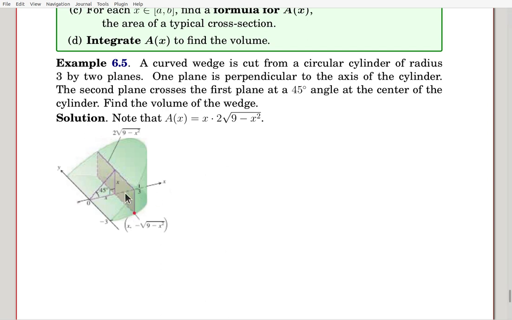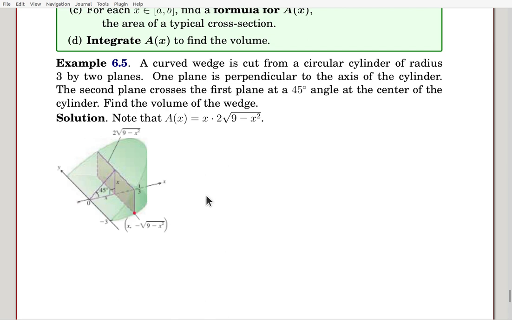Now here x is moving from 0 to 3. For each x, you have to find the area of the cross section. The height will be the same as x because it's a 45 degree angle, and the length must be twice the square root of 9 minus x squared.